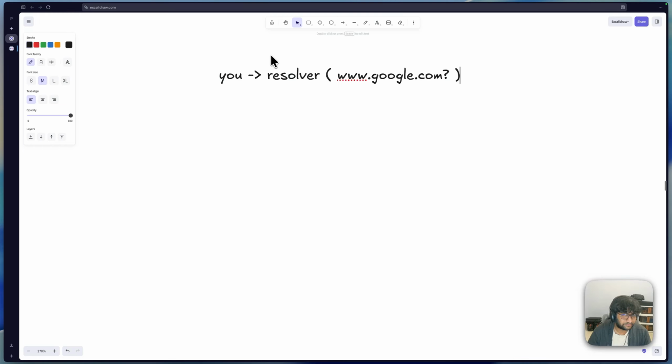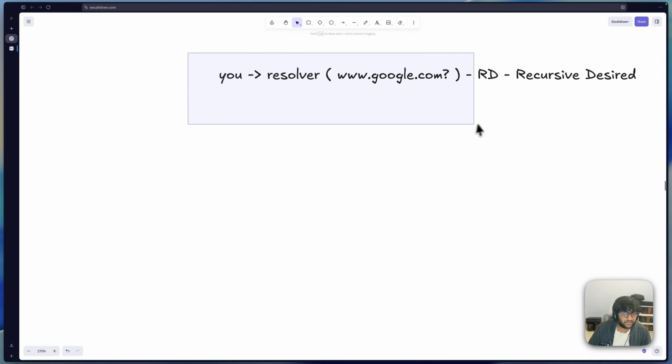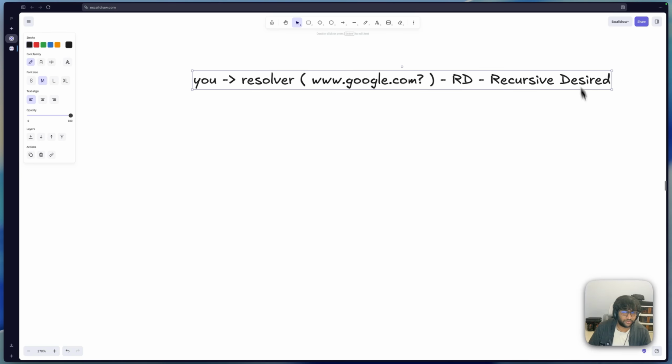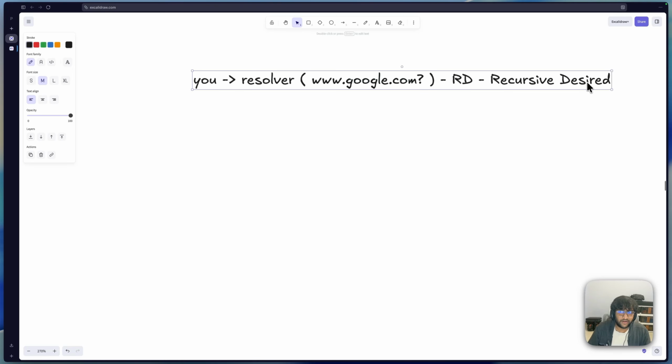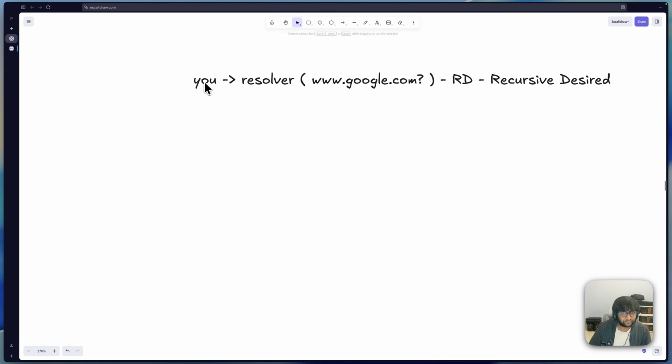You will also, natively by default, do recursion. RD stands for recursion desired, which means do recursive resolver kind of behavior, not simple stub behavior. So you will ask the resolver. That's what happens when you do it through dig, the dig command, where you give a request saying where is google.com.